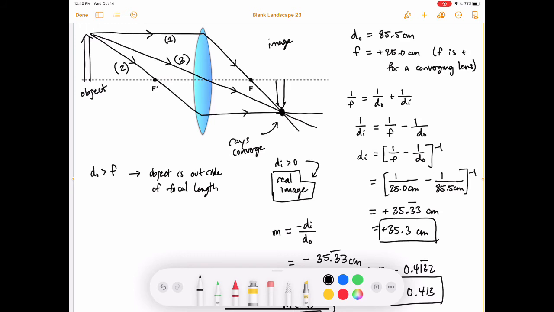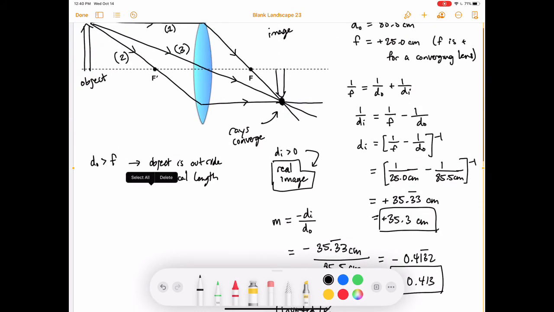So think about what we just found. According to our diagram, we have an inverted image. That's what we expected. It's also a real image because we actually have rays converging at a certain point where the image forms.